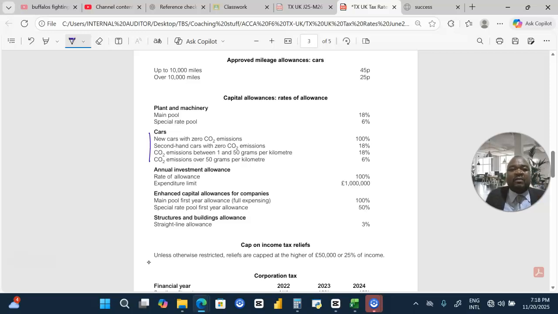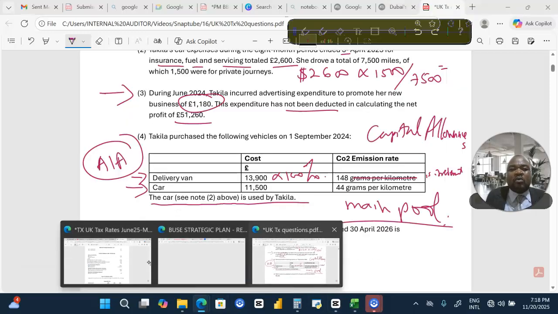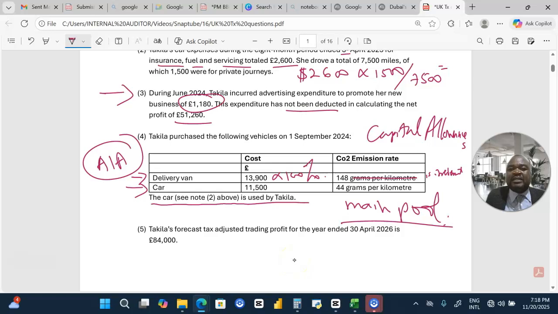All right, so here the emission rates are relevant, so we need to look at the emission rates for this particular car. We are told that it emits 44 grams of CO2 per kilometer.